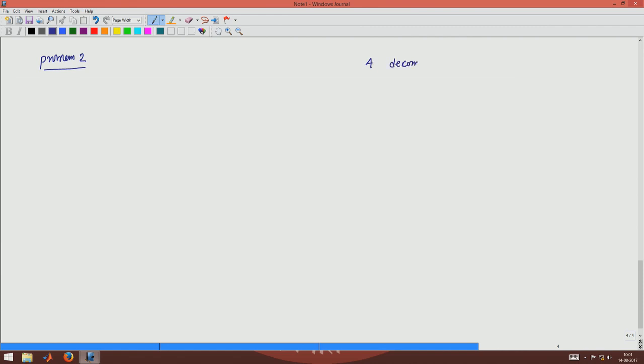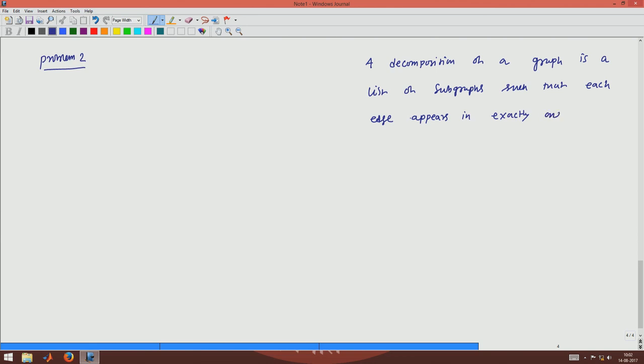Decomposition of a graph is a list of subgraphs such that each edge appears in exactly one subgraph.